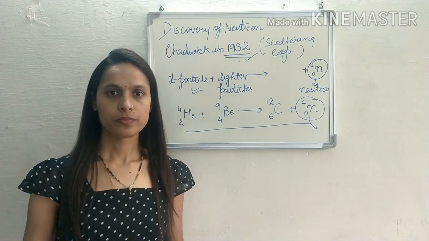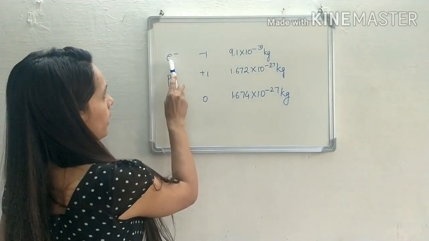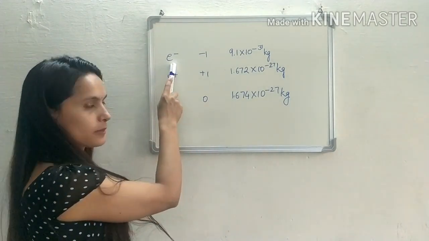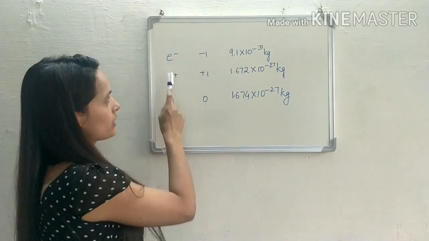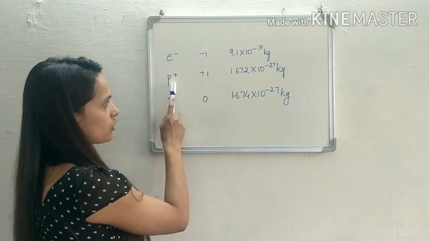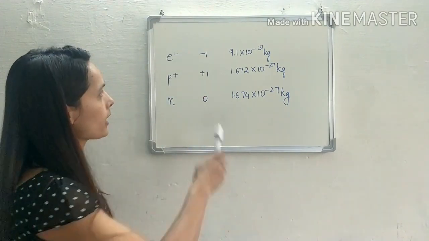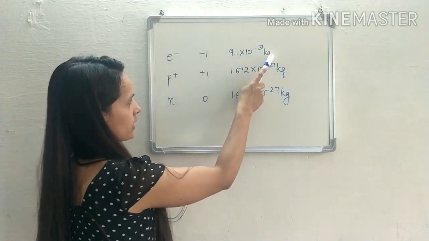Neutron. Here is the overall table for electron, proton and neutron. Electron represented by e, proton represented by p, neutron represented by n. The charge of electron is -1, the charge of proton is +1 and the charge of neutron is 0. The mass of electron is 9.1 into 10 to the power -31 kg.